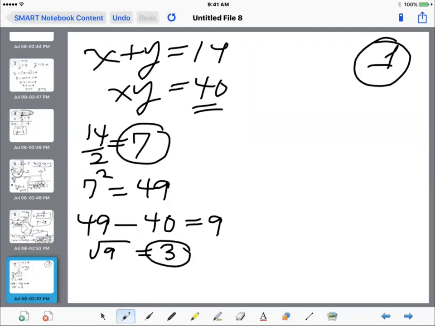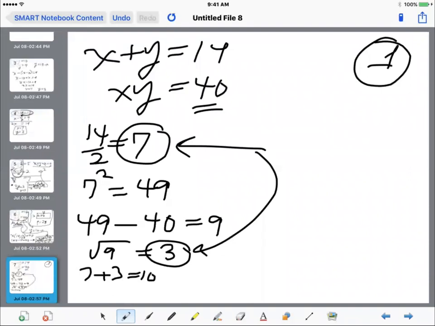Add the first number, which was the 7, to the 3. And that's going to be one of your answers. And subtract 7 minus 3. And that's going to be your other answer. So this is a 1, 2, 3, 4, 5, 6 step process. We'll analyze it in a minute, but let's keep that up on the screen.